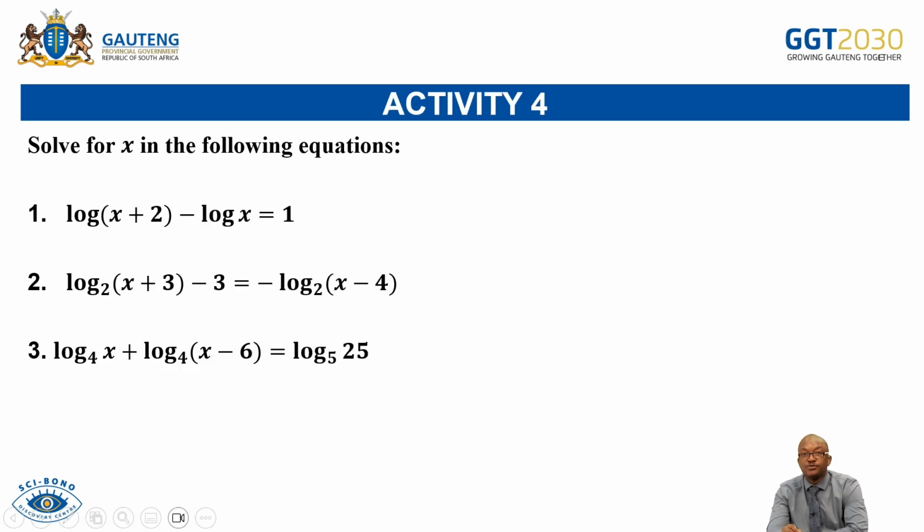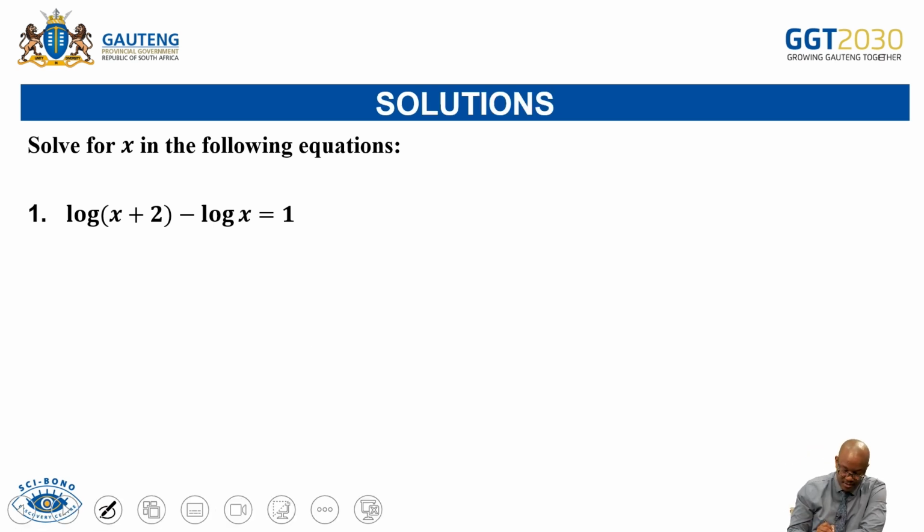Okay. We move now to activity number 4. Activity number 4 is the one that you mostly find in the exam. But we need to be careful when we are dealing with this one.